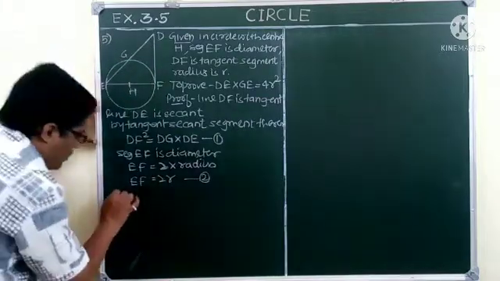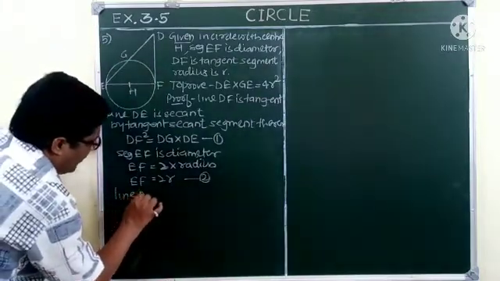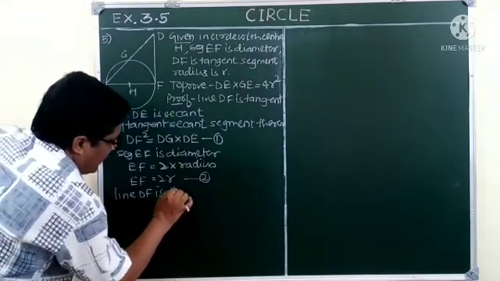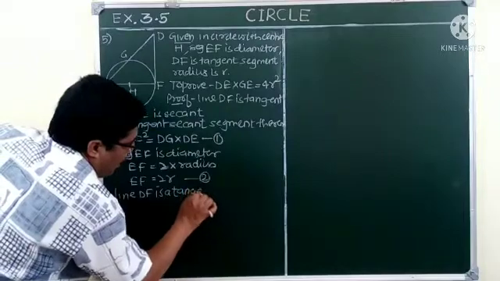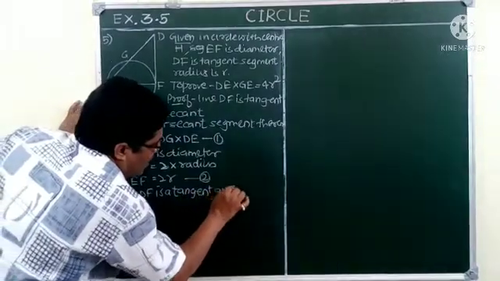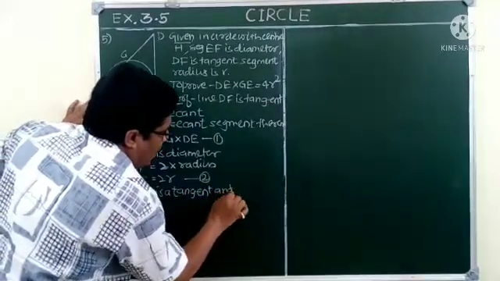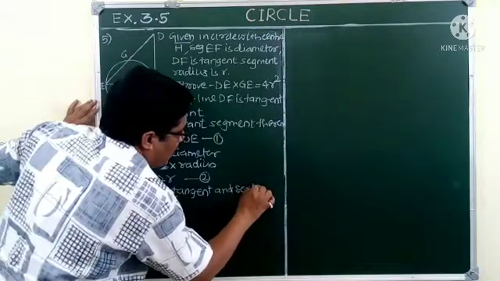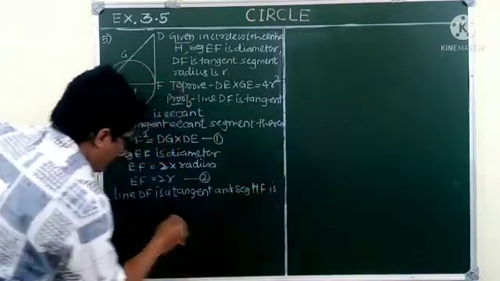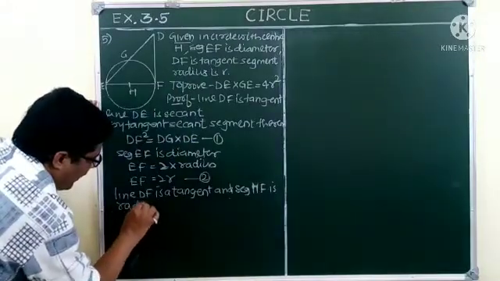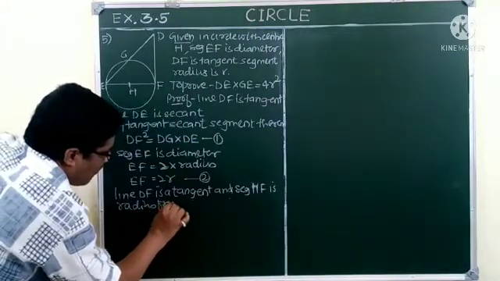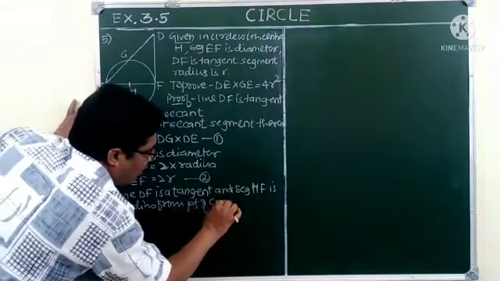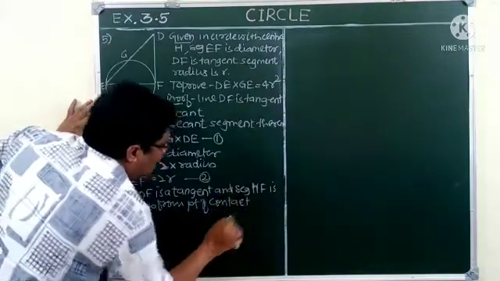So for that line DF is a tangent and segment HF is radius from point of contact.